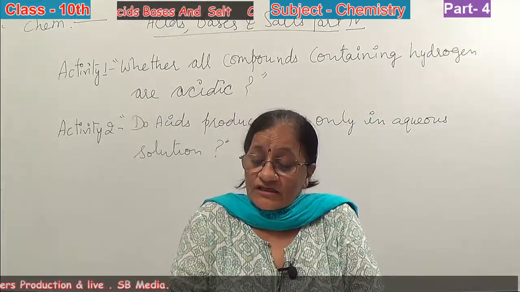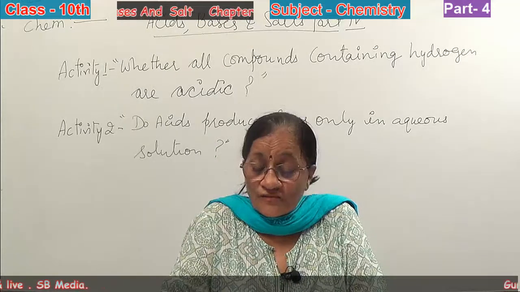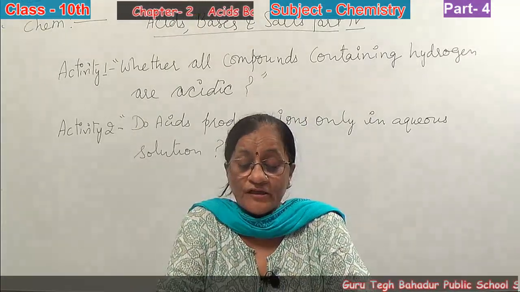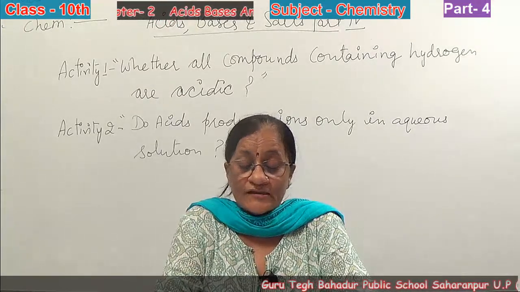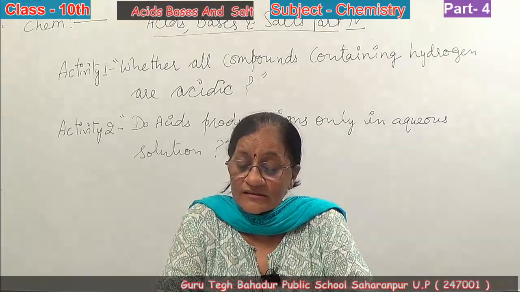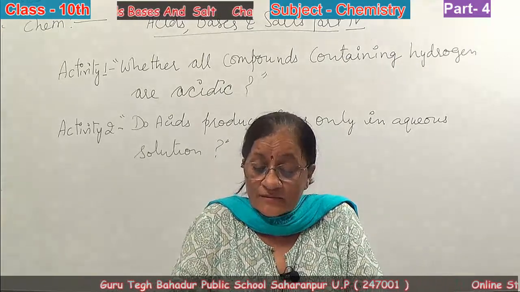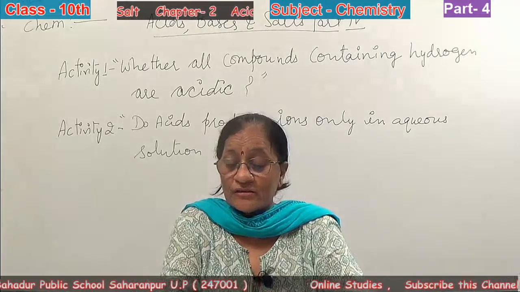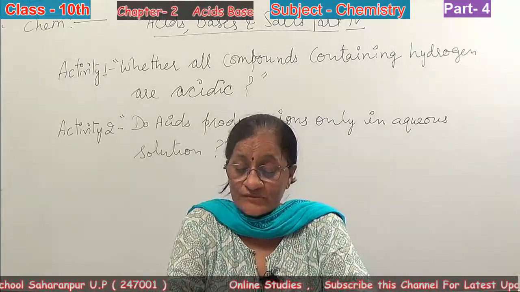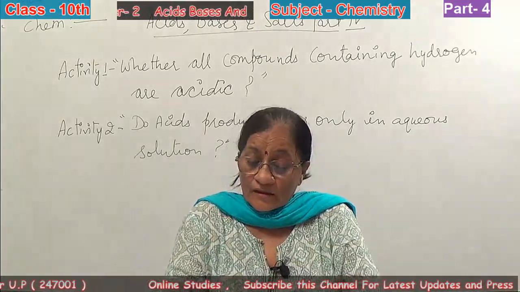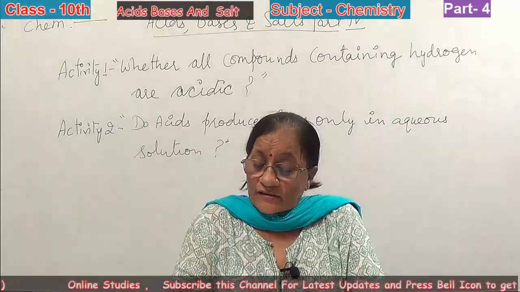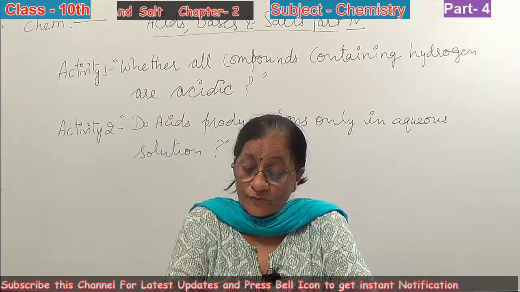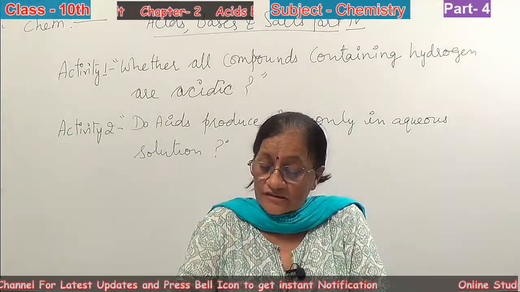In this activity, when concentrated sulfuric acid is added in a test tube containing sodium chloride NaCl, a reaction occurs and a colorless gas is produced. When this gas is checked using both dry and wet litmus paper, we observe that dry litmus paper does not show color change, but wet litmus paper shows color change.